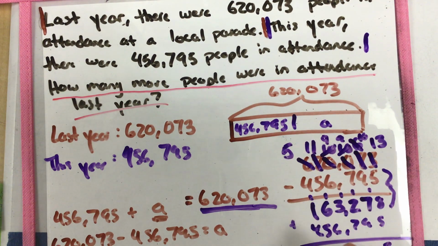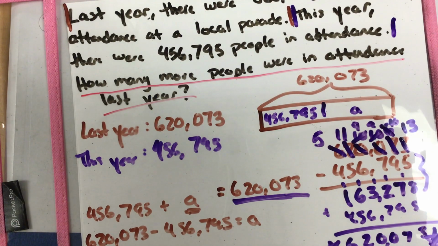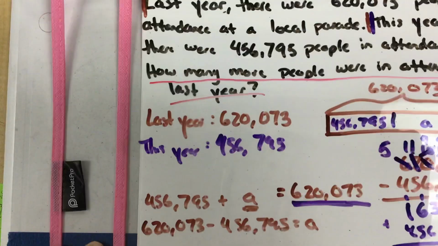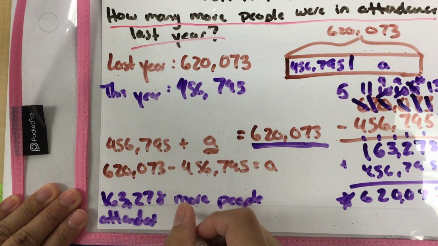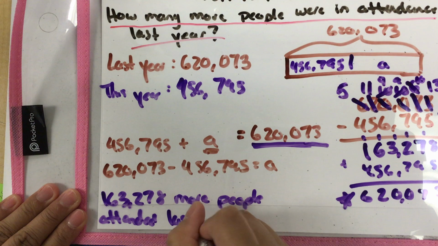And 1 plus 1 plus 4 equals 6. And look, we got the same answer. We know our answer is correct. So we can say that 163,278 more people attended last year.